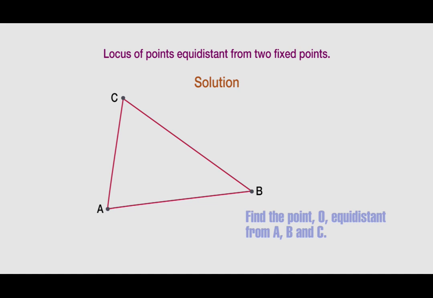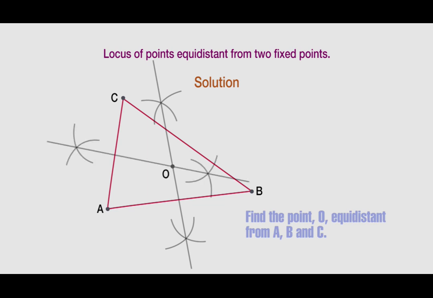Let's choose side AB and side AC. Let's first construct the bisector of line AB. Next, we'll construct the bisector of line AC. The intersection of the two perpendicular bisectors is the locus. Good.